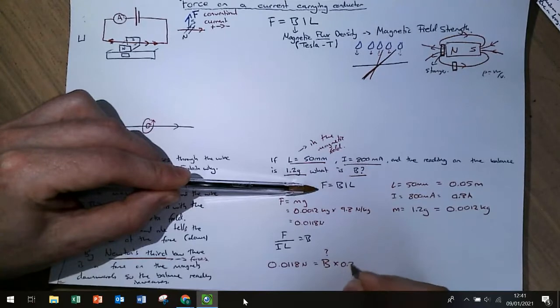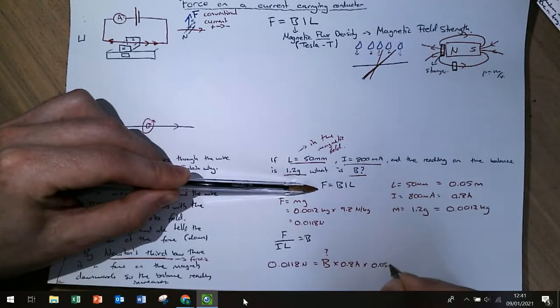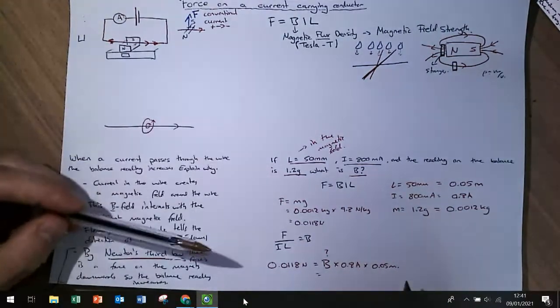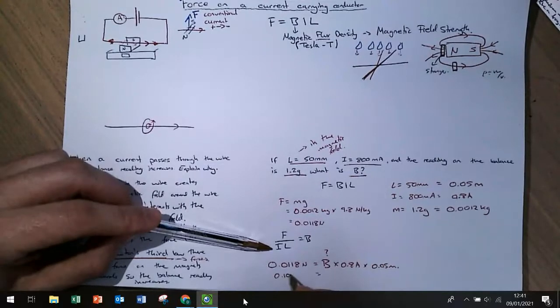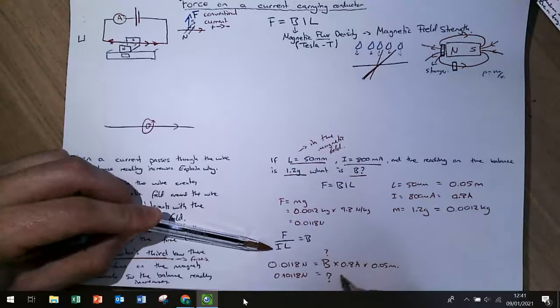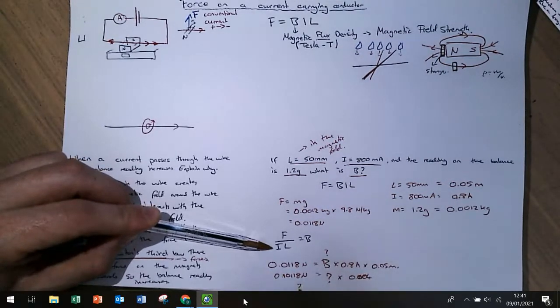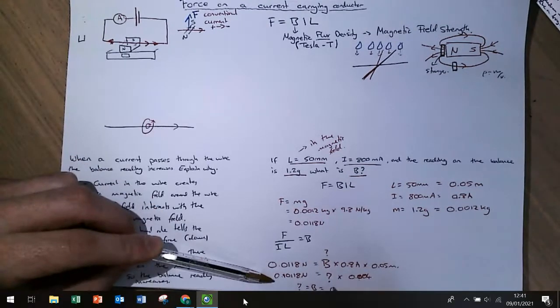Times the current, times by the length. And then again, I'm aiming at the kind of bottom end of higher tier here with this method. Equals our question mark times by 0.004, and then our question mark, which equals our magnetic flux density. This divided by this is 0.294 Tesla.